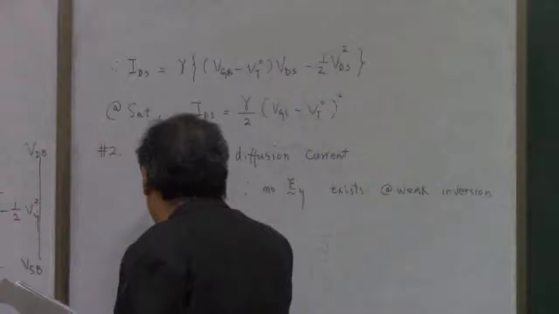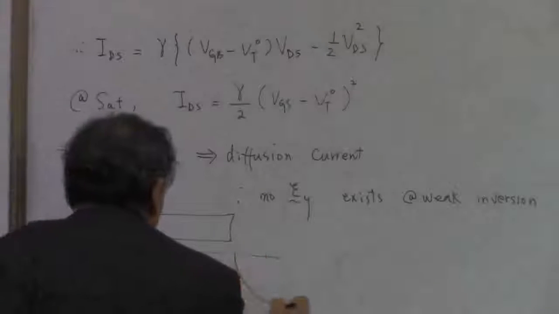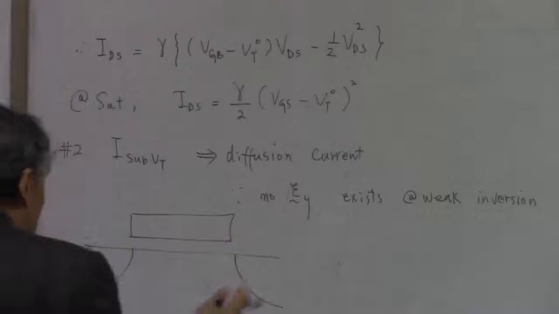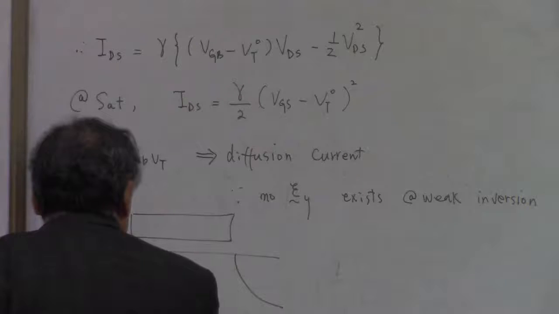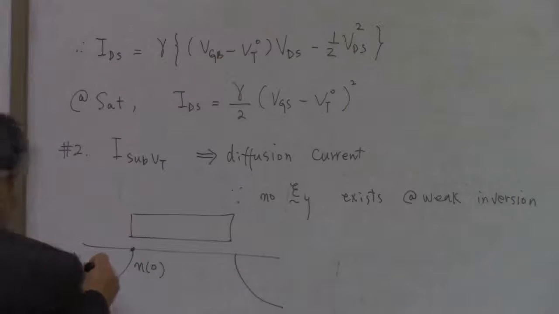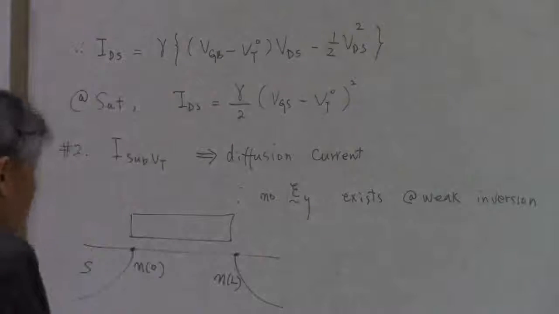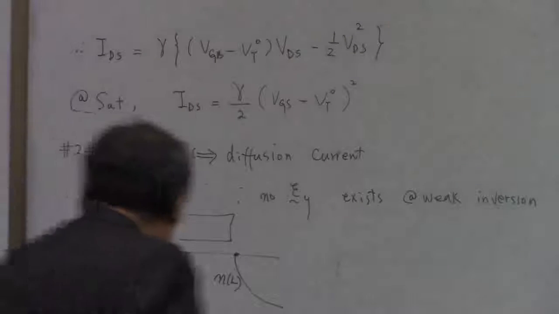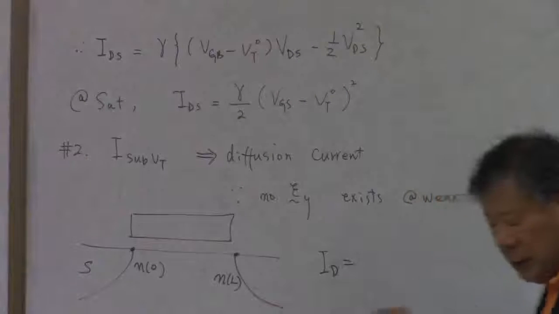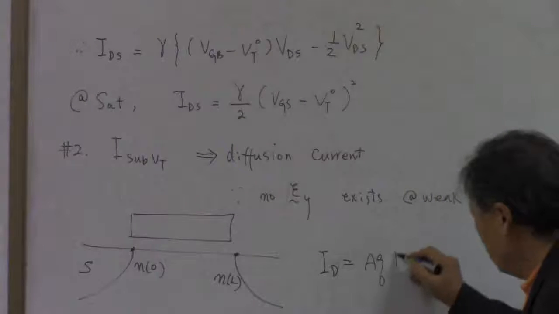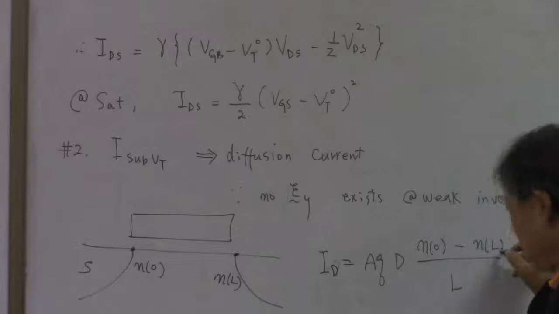So in this analysis, we derive a current driven by Fick's first law, so we have to know the free carrier concentration at this end, and also the concentration of free electrons at this end, so that according to Fick's law, the current is going to be A q D diffusion over L times N0 minus NL. All right?